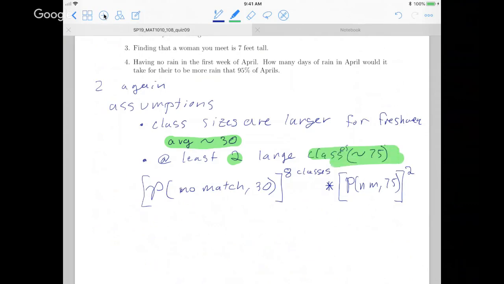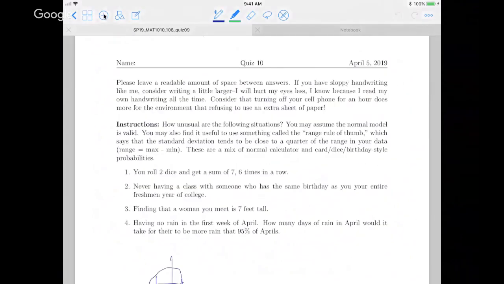This leads to a more complicated formula: the probability of no match with 30 to the 8th power times the probability of no match with 75 to the 2nd power. Those probabilities you can find in the Google Sheets worksheet we did for that. So that's number 2.